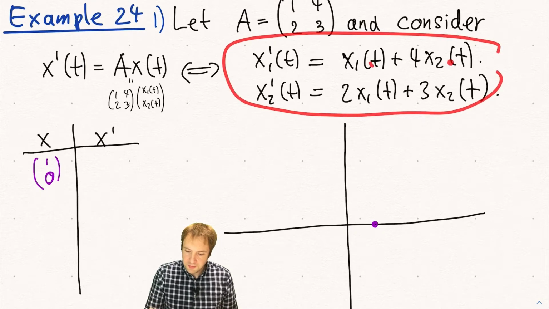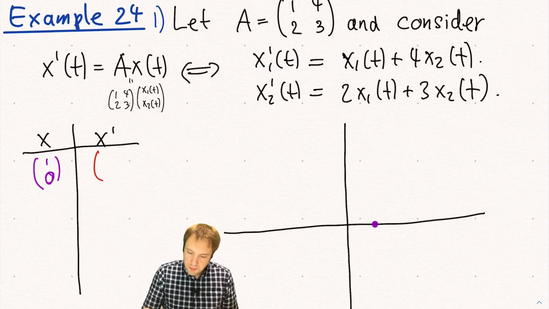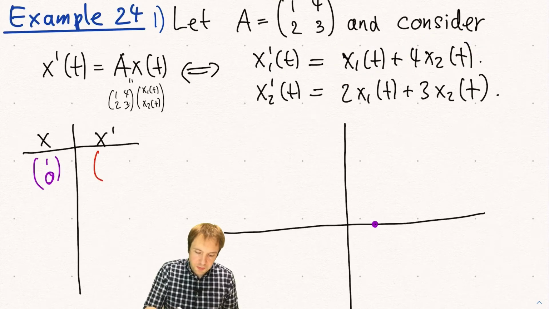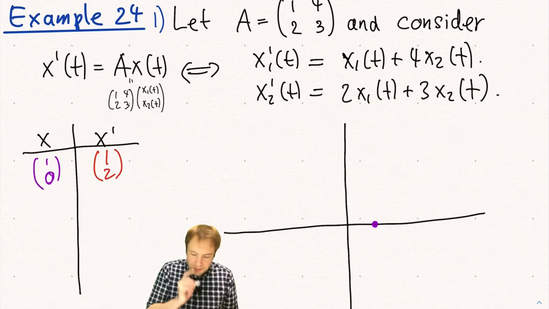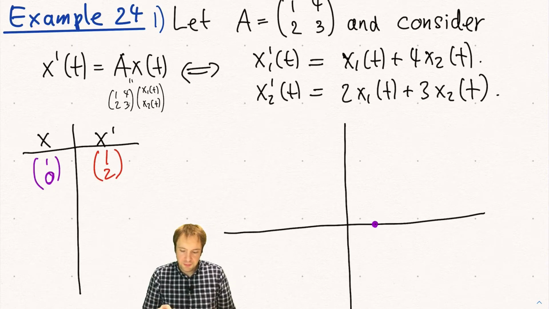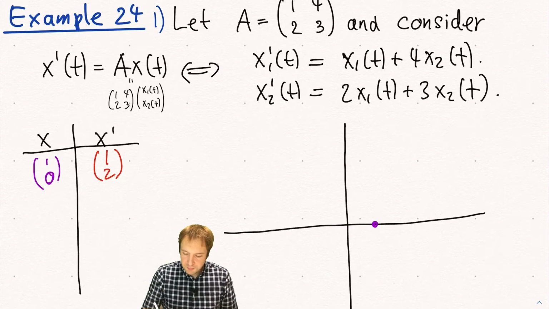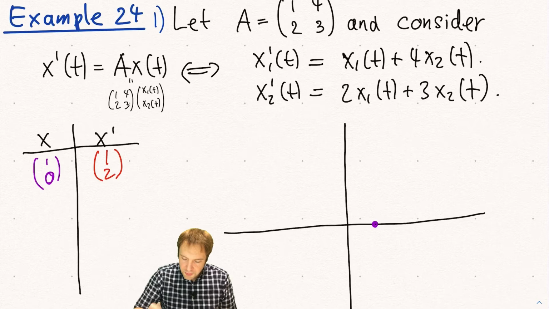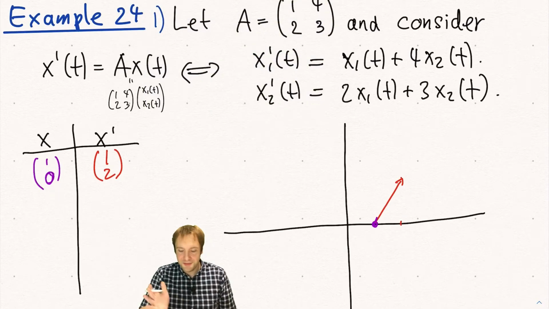Well, we can plug in the values here and see that in this case it should be 1 plus 0, so it's 1, and here it's 2 plus 0, so it's (1, 2). So if this purple thing here is a solution, so a solution means we want to find this curve, then at this point the curve should go next into the direction 1 to the right and 2 up, so it should go in this direction here.